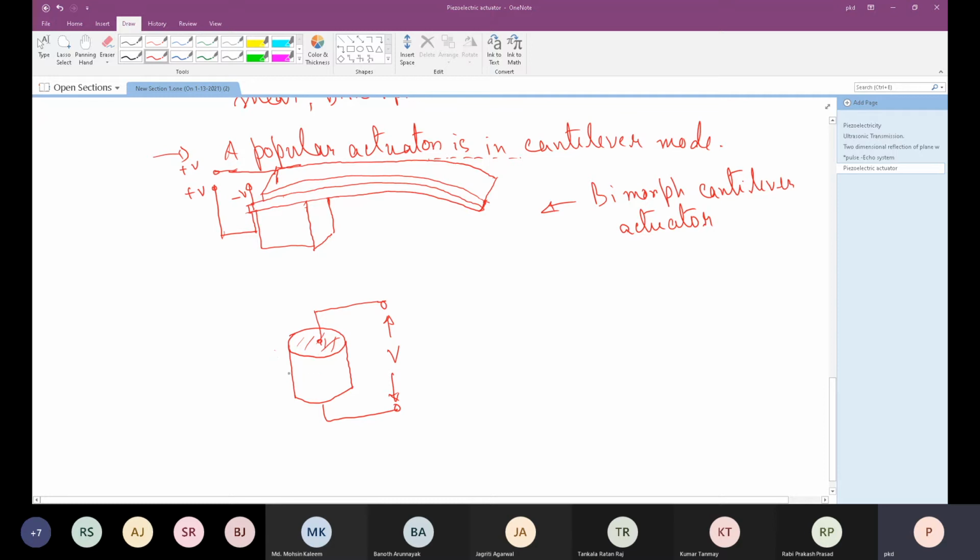If it is in compressive mode, then the length will change, and due to the Poisson effect, the diameter will increase.